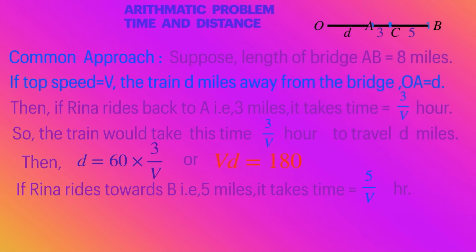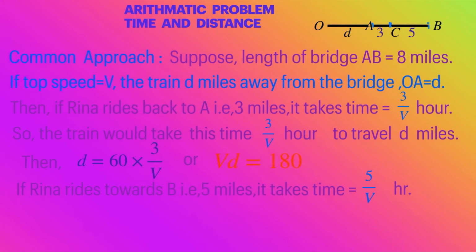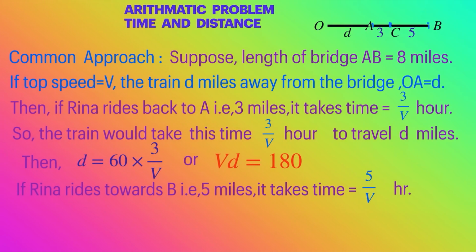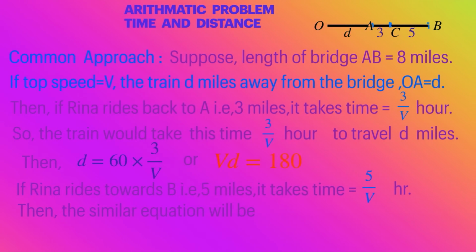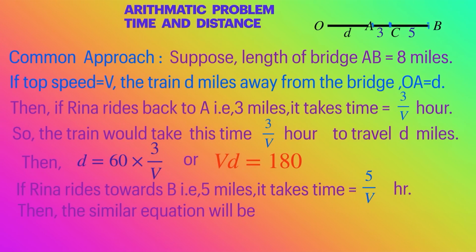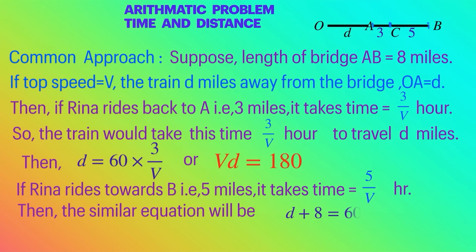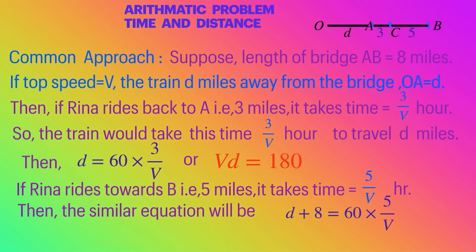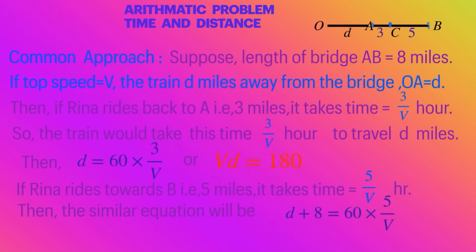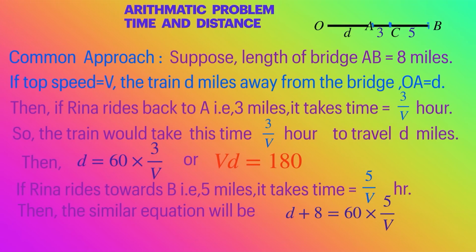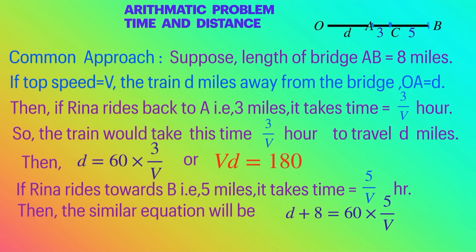But according to the question, by this time the train would travel the full distance, that is from O to B, that is d plus 8 miles. So the equation will be d plus 8 equal to 60 into 5 by v, because here the train would take the same time, that is 5 by v, and by its speed, that is 60 miles per hour, the distance covered by it equals d plus 8.